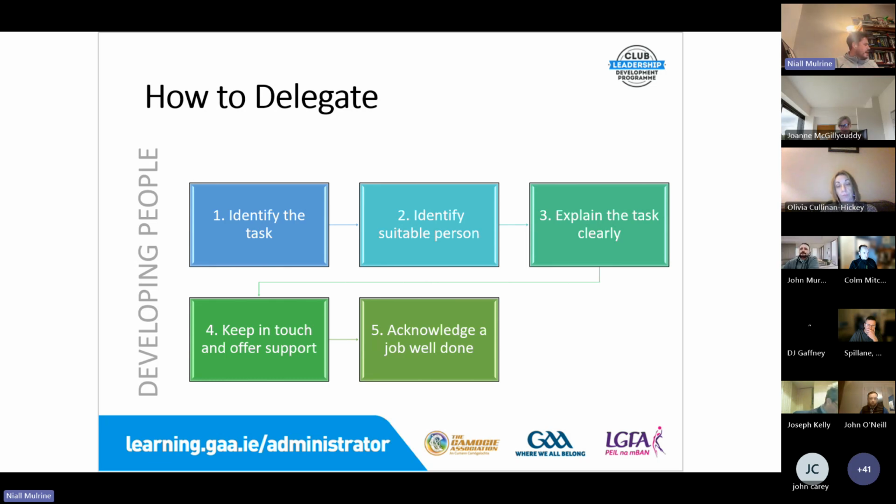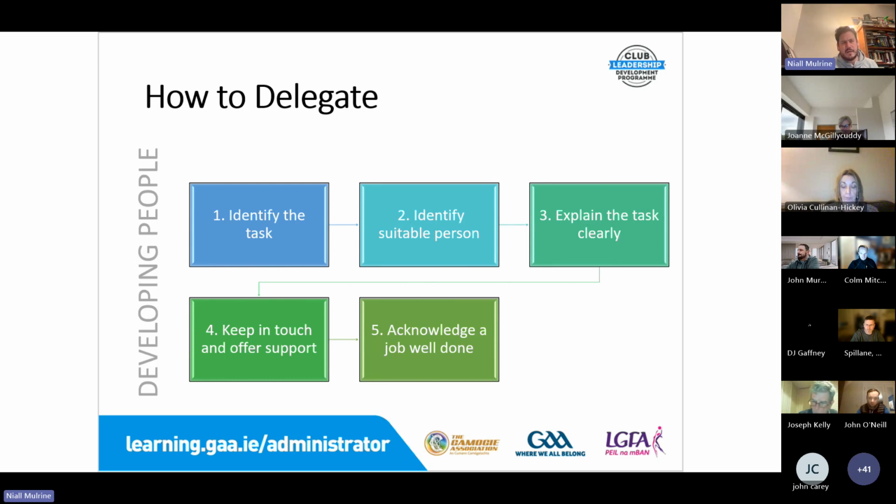So I'm going to ask you again, right? If you want to type into the chat there, what kind of things as a chairperson do you think you can delegate now? And we'll talk through this maybe. So what kind of things could you delegate? Think of your role specifically as a chairperson now as well.